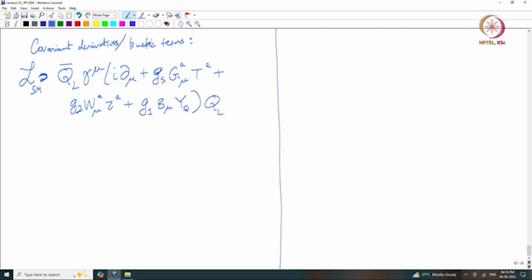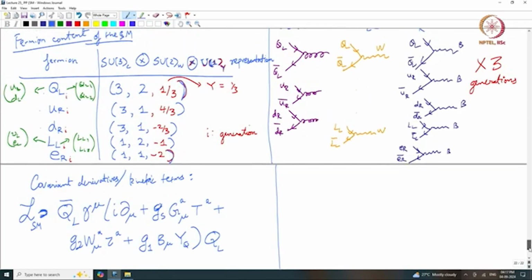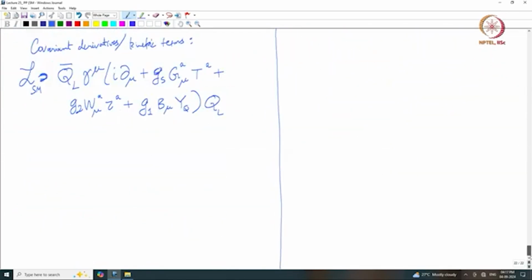That's the hypercharge. And I am going to write another Q, don't get confused. This Q is the quark field. And in this case, what did you decide was YQ? 1/3, right? So I'll just write that down: YQ equals 1/3. So this is how we write the entire covariant derivative.